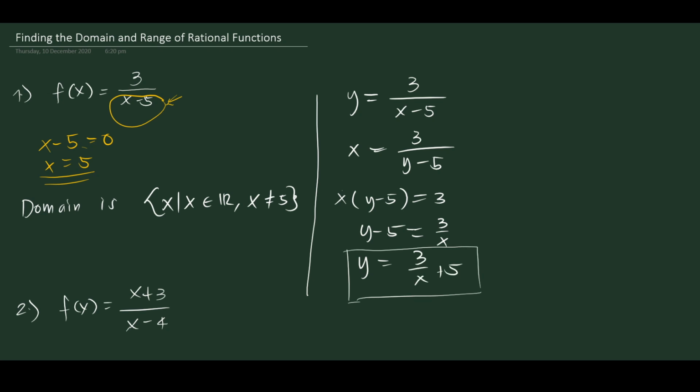Okay, so let's take a look. What do we need to watch out for? The denominators again, right? As you can see here, if our x is 0, then this will be undefined. For this inverse function, let's remember that the domain of this inverse function is equal to the range of f of x is equal to 3 over x minus 5.